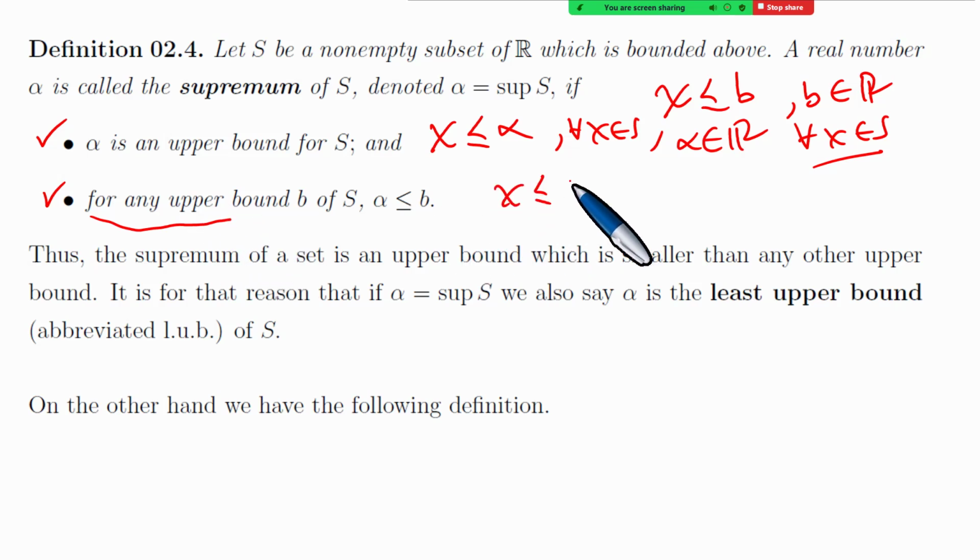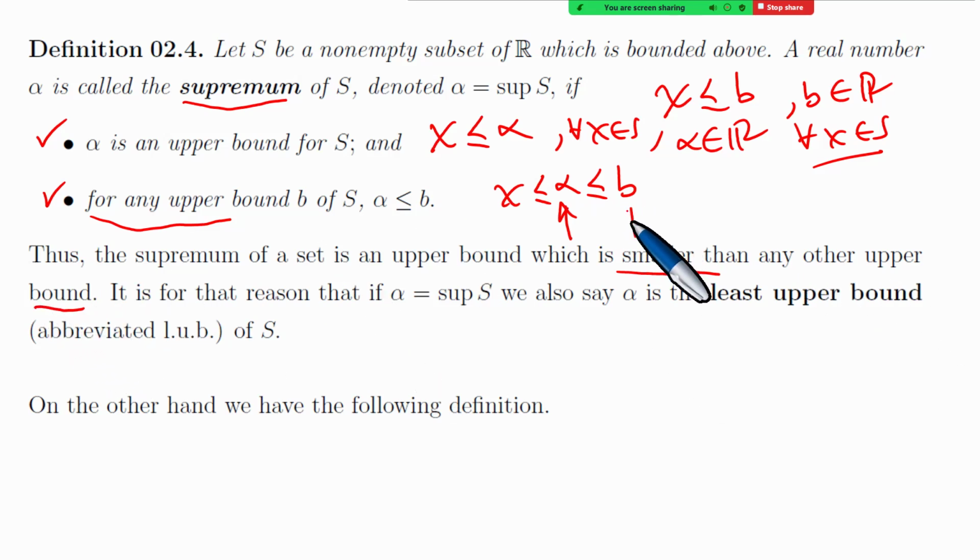If you have a supremum, any other upper bound that you find will be bigger. There are many upper bounds, but there's this one we call the supremum. We're interested in a specific one. Thus, the supremum of a set is an upper bound, like alpha, which is smaller than any other upper bound.